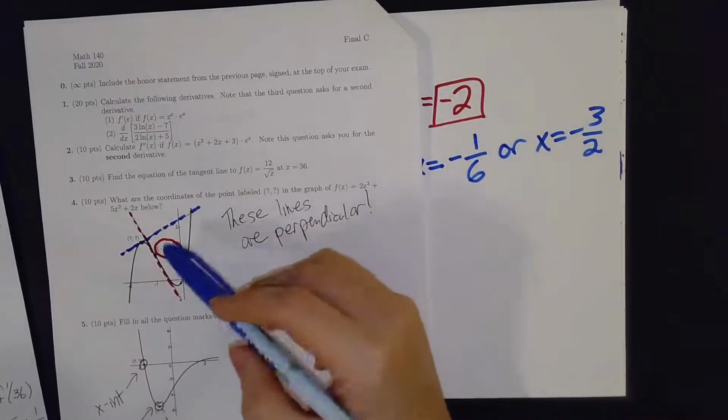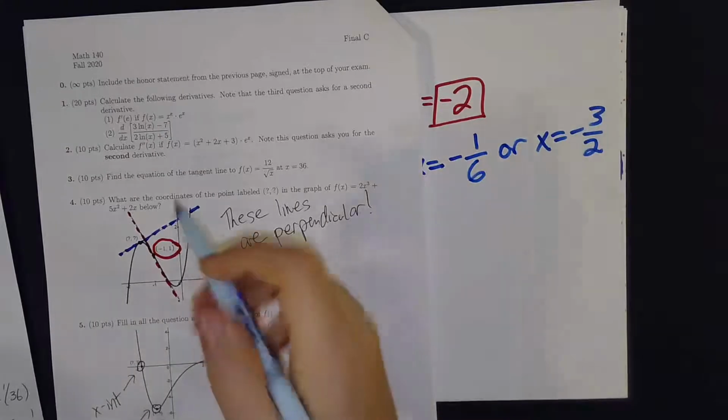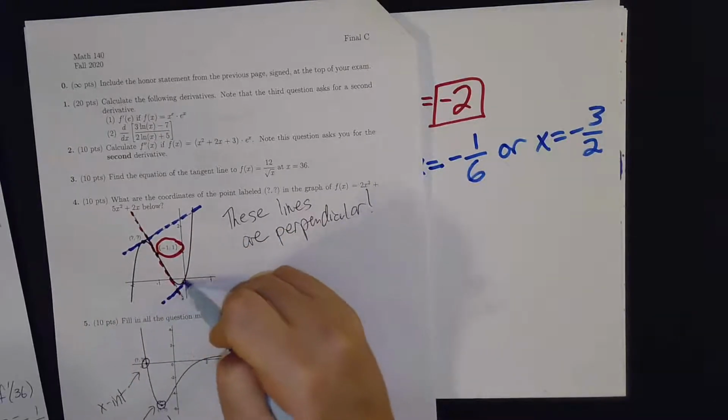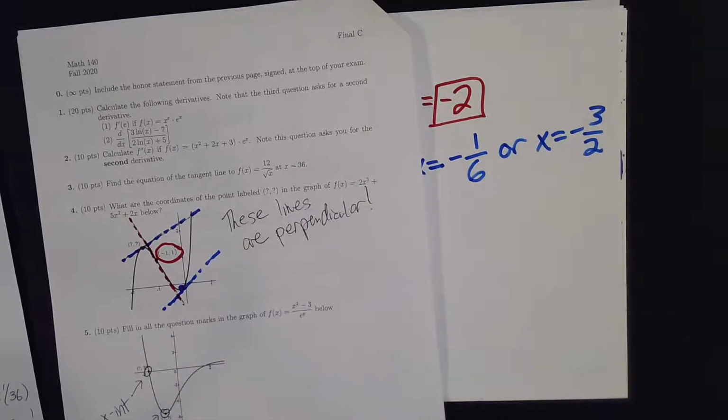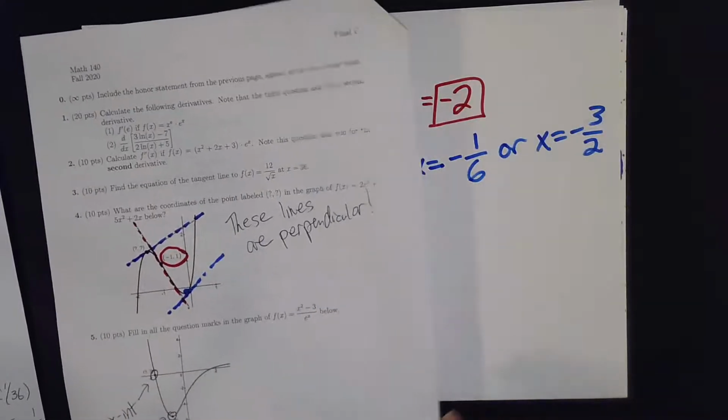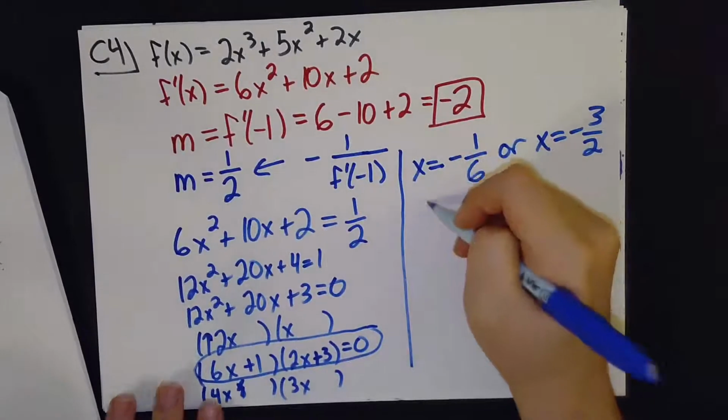Alternatively, you could look at the other point where this slope is this. Pretend those are parallel. This would be the point that's closer to 0, so that's the one with x being minus 1/6. And so either way, you get that this point has x equals minus 3/2.